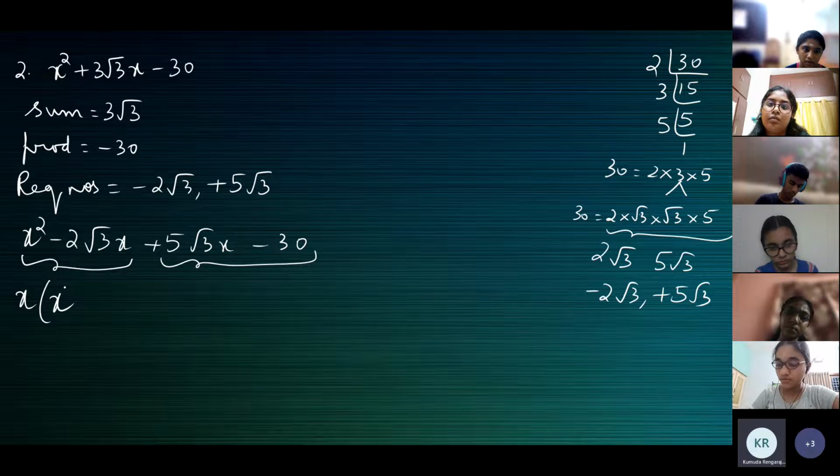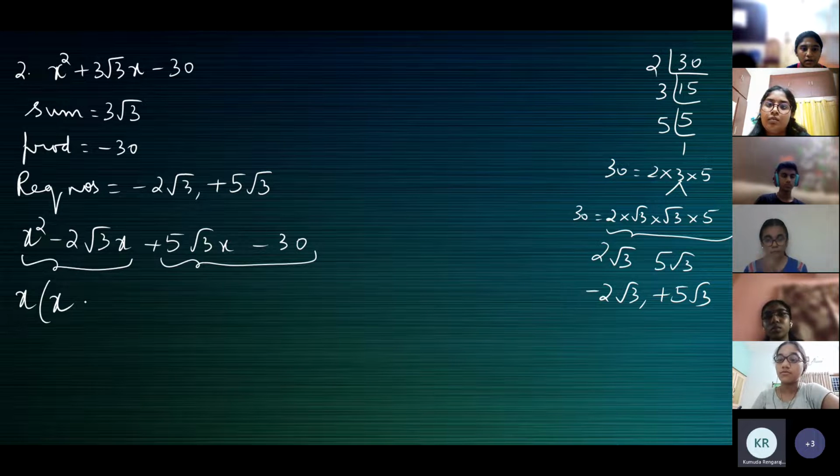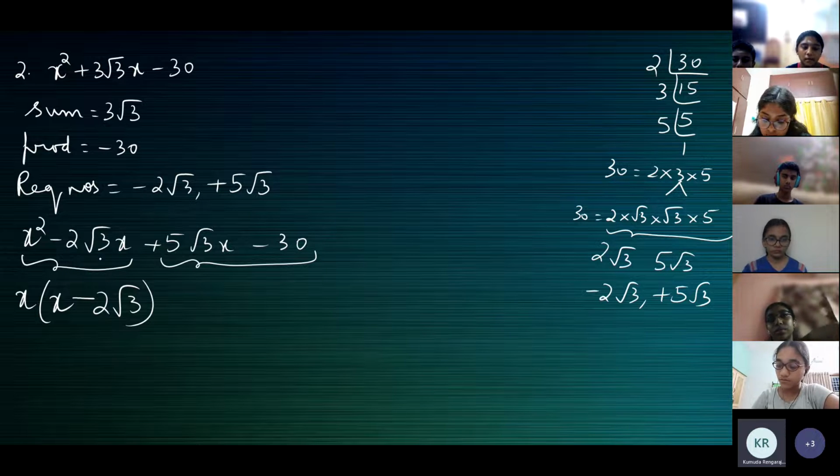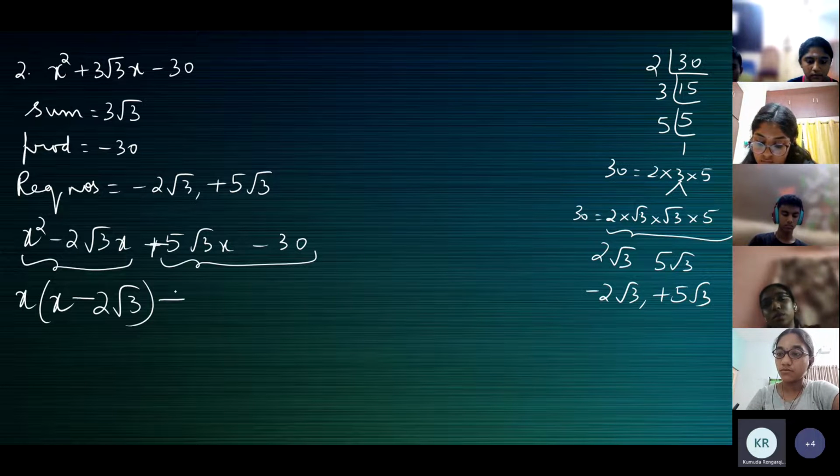X into x is x squared. Now we need to get the second term, minus 2 root 3 x. There is x outside. So what should we write? Minus 2 root 3. So x into minus 2 root 3 is minus 2 root 3 x.